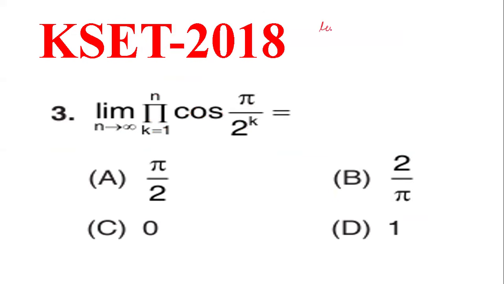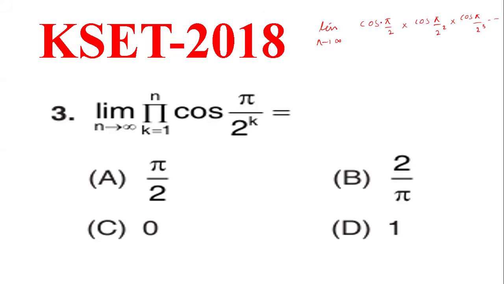This is the product cos of pi by 2 into cos of pi by 2 square into cos of pi by 2 cube and so on.